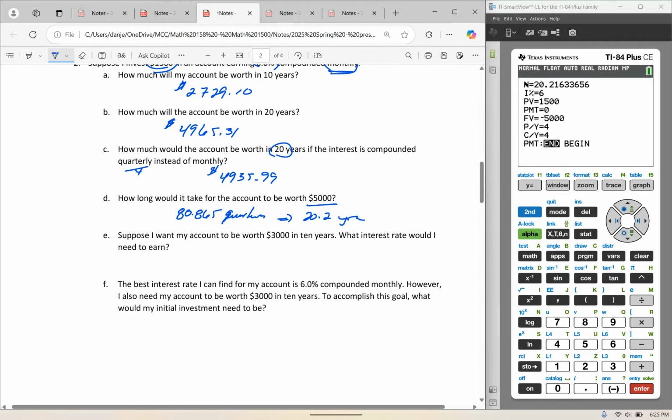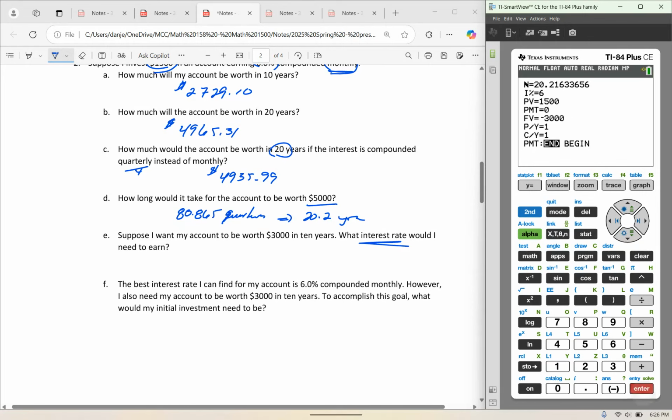Suppose I want my account to be worth $3,000 in 10 years. What interest rate would I need to earn? So I want to be able to withdraw $3,000. When we just want to find interest rate, we're okay talking about annual interest.